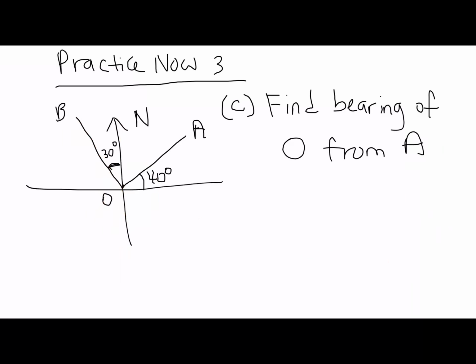Next, finding the bearing of O from A. Once again, what is the object that is looking? O or A? Okay, it's A. So at point A, I draw my north line. Make sure my north line is parallel to the north direction given here.